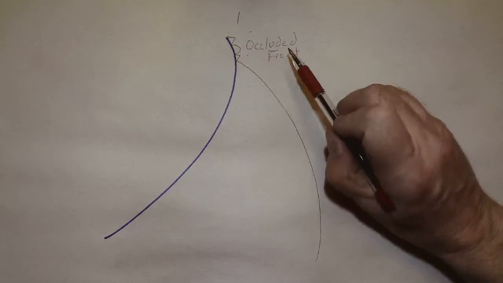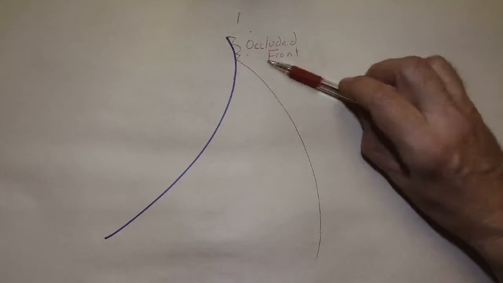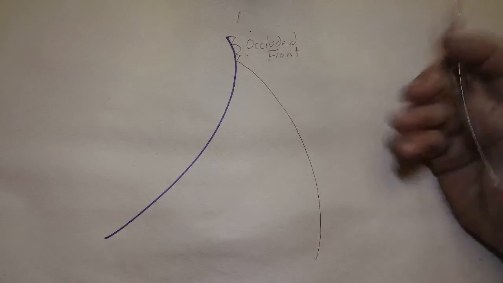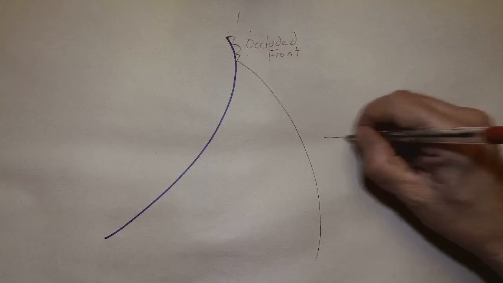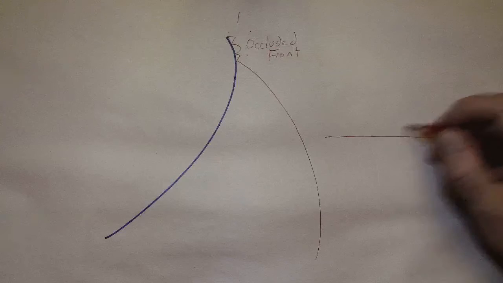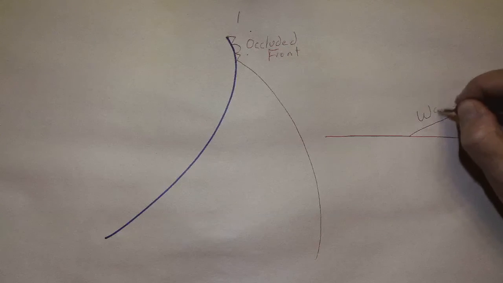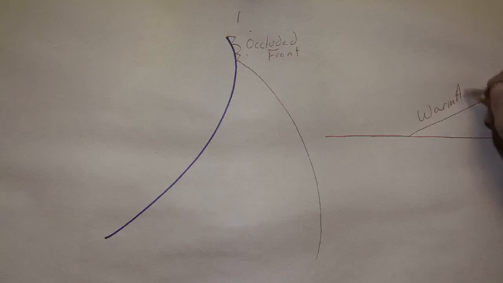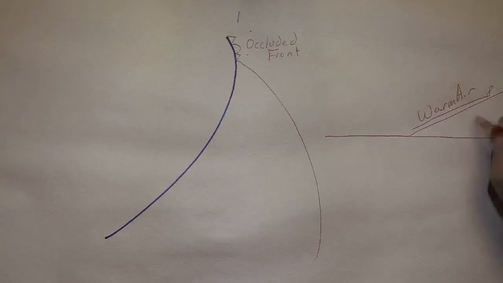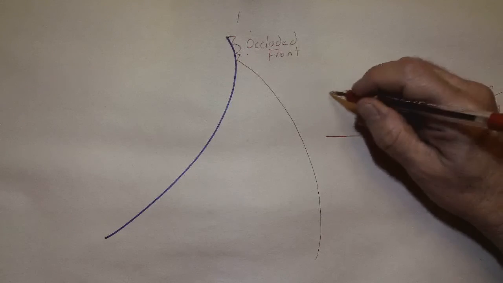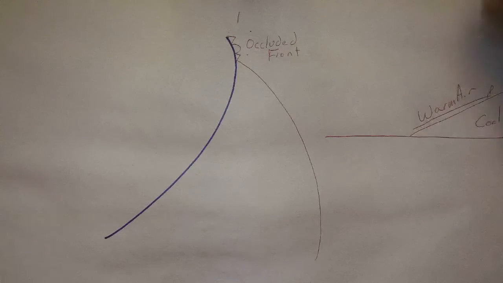All right? And right here, the warm front has caught the cold front and lifted it off the ground. That's going to look, if we have a cross-sectional view, you have the warm front going out like that. This is the warm air lifting up like this. This is relatively cool. And here comes barreling along the cold front.